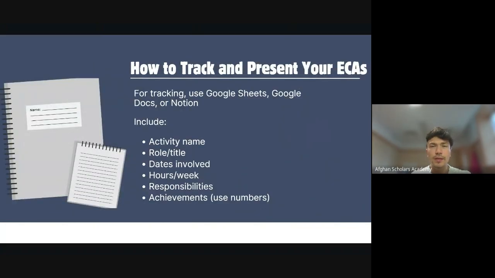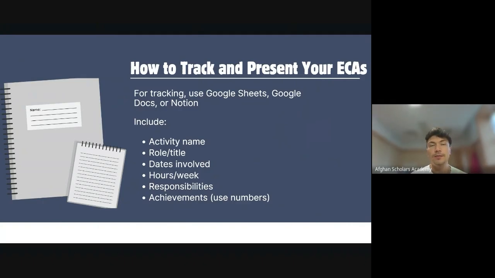And then how to track and present your activities. We have a lot of tools like Google Sheets and Google Docs or Notion. Notion is a very powerful tool where you can list your activities. You can include the activity name, the role, the title, the dates involved, and the hours per week, because on Common App it asks you how many hours per week you spend on an activity.